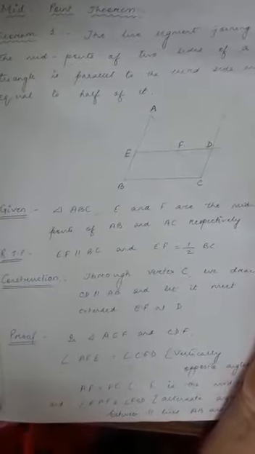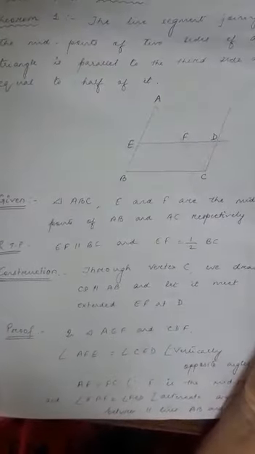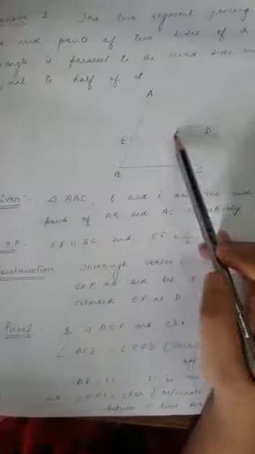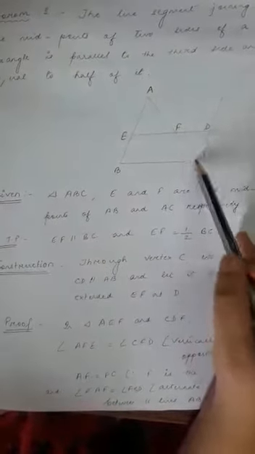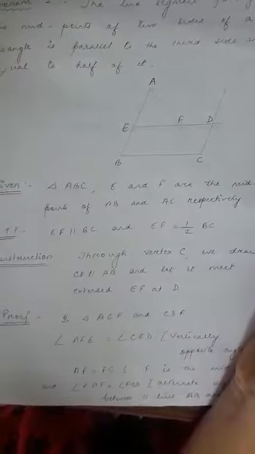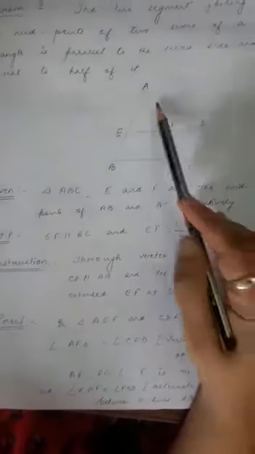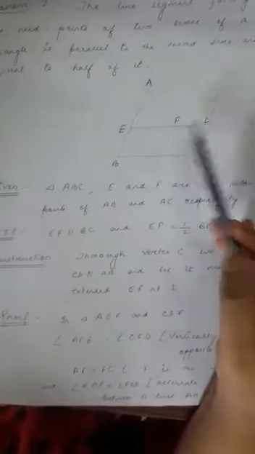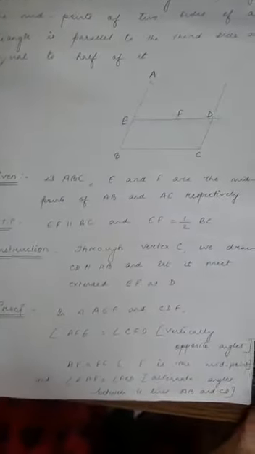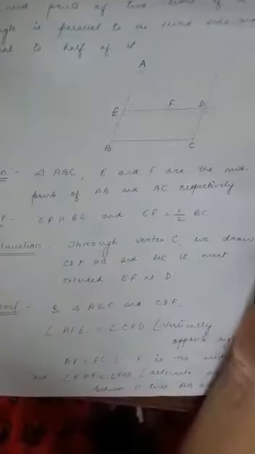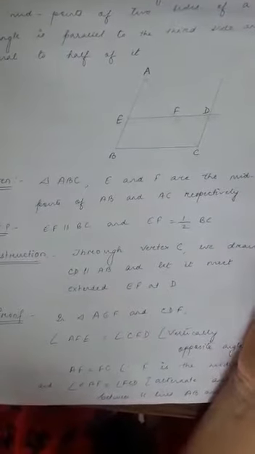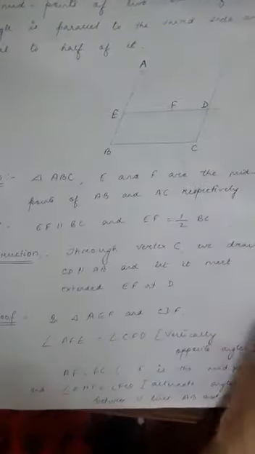Now to prove this, we consider two triangles AEF and CFD. In these two triangles, angle AFE is equal to angle CFD because they are vertically opposite angles. Also AF is equal to FC since F is the midpoint, and angle EAF is equal to angle FCD because they are alternate angles, since AB is parallel to CD and AC is the transversal.